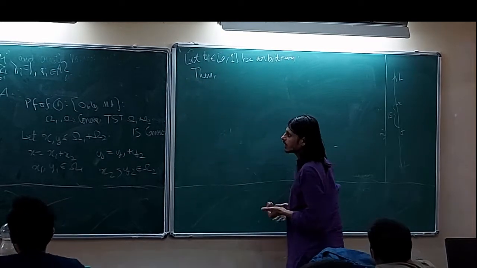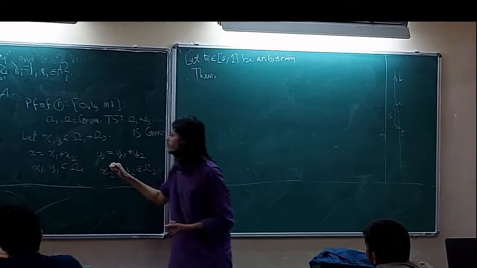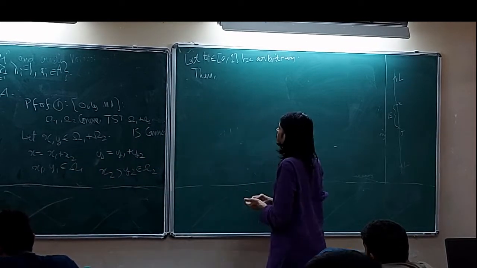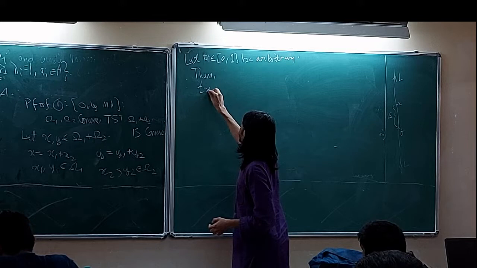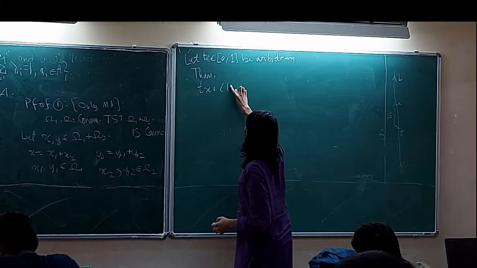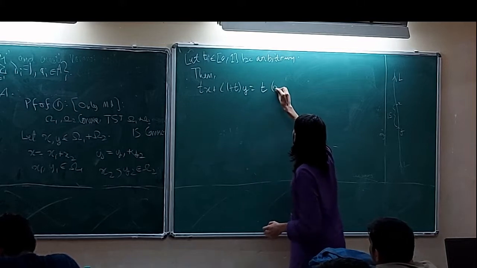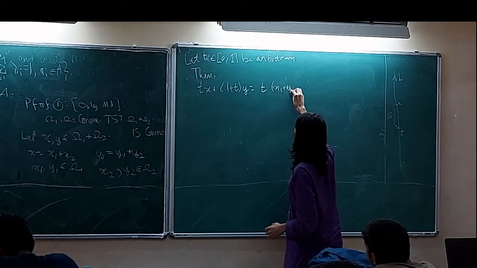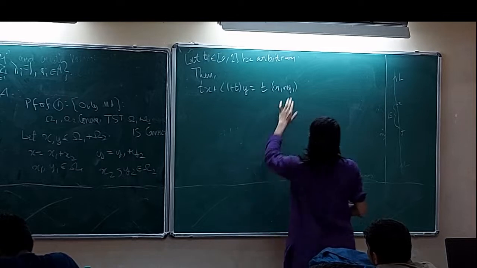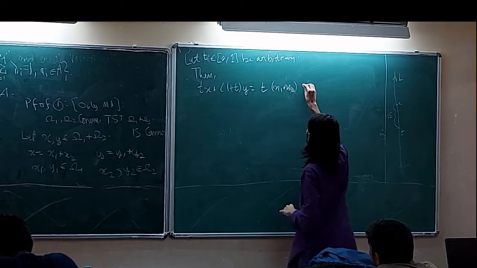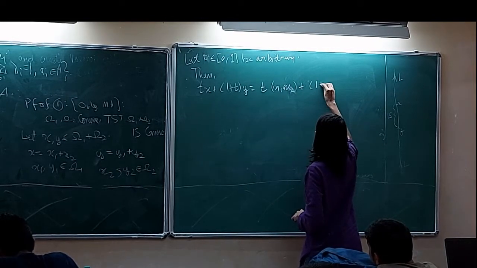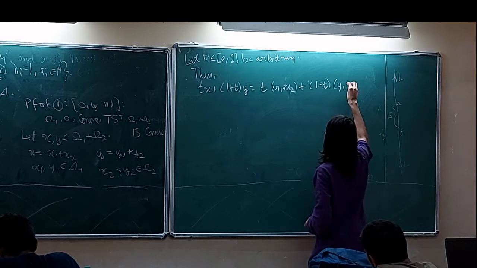We want to show that tx plus (1 minus t)y belongs in this set, right? So let's first write down what it is. tx plus (1 minus t)y is just t(x1, x2) plus (1 minus t)(y1, y2).